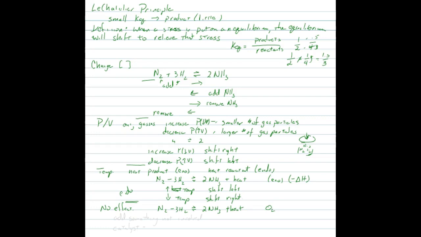Nothing's going to happen. If it's not a substance that's involved in the reaction, actually nothing happens. Even if it increases the pressure, it's not going to shift the reaction one way or the other. So one thing that has no effect is adding something not involved.